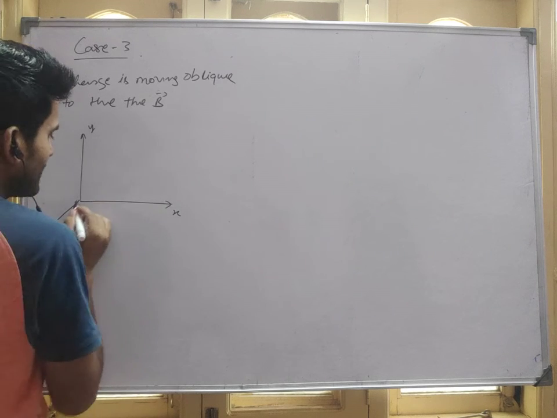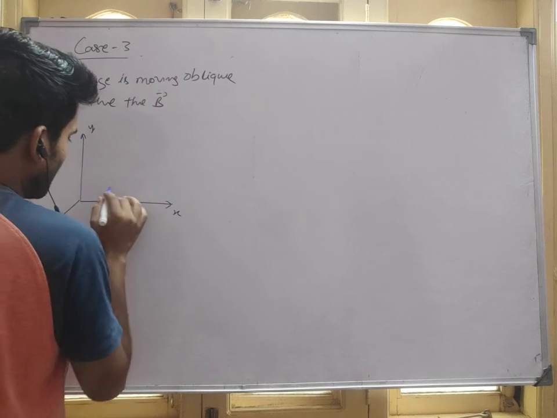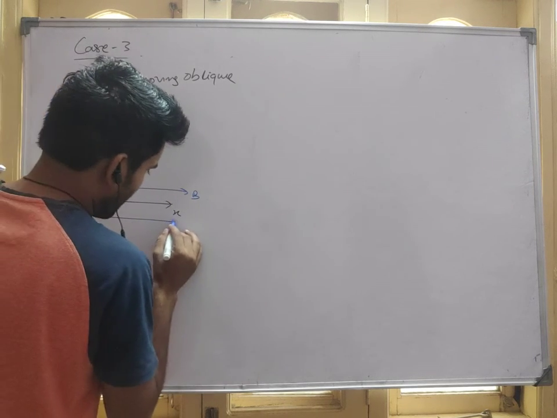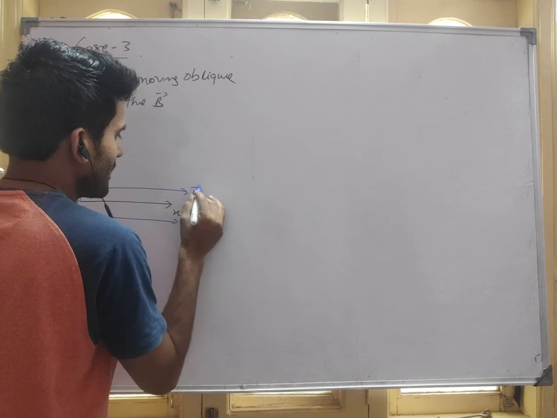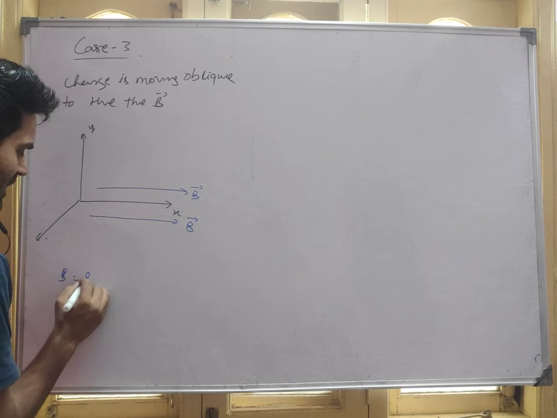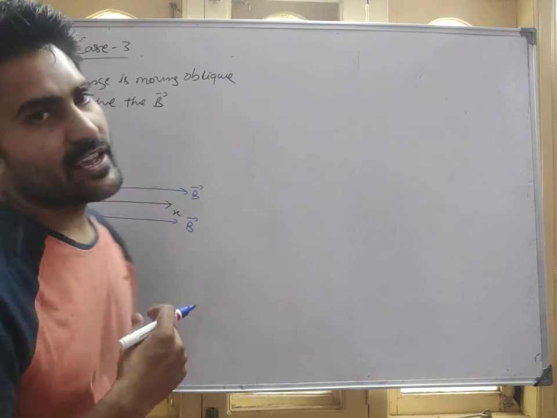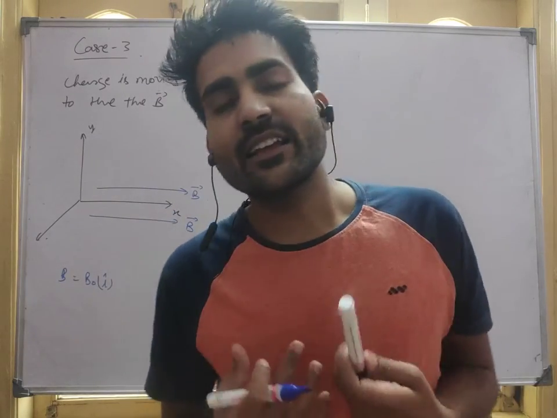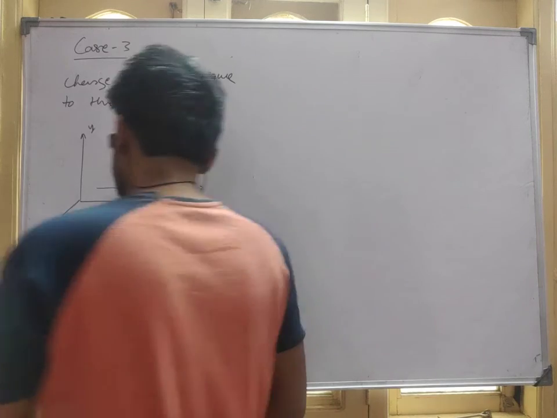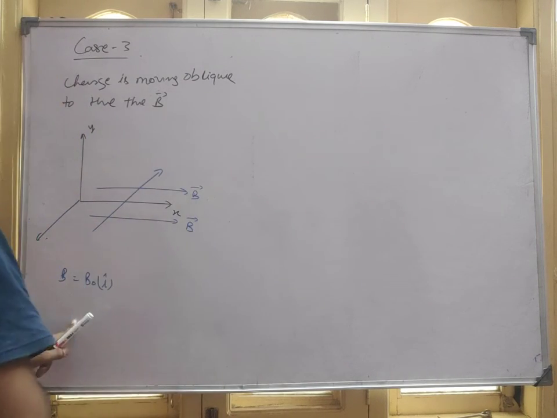In the x-axis, there is a field B, and B is equal to B naught i cap. What does this mean? B is equal to B naught i cap means the magnetic field is in the direction of the x-axis, right?